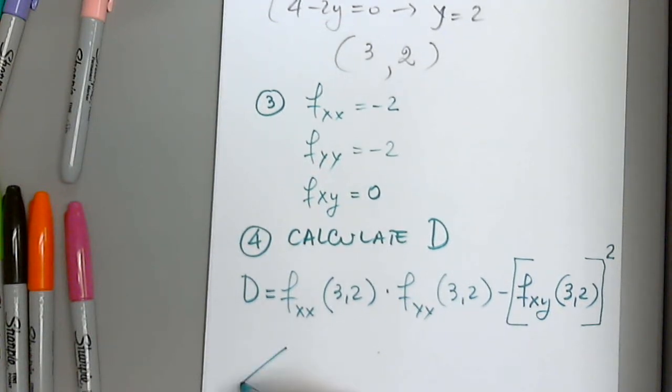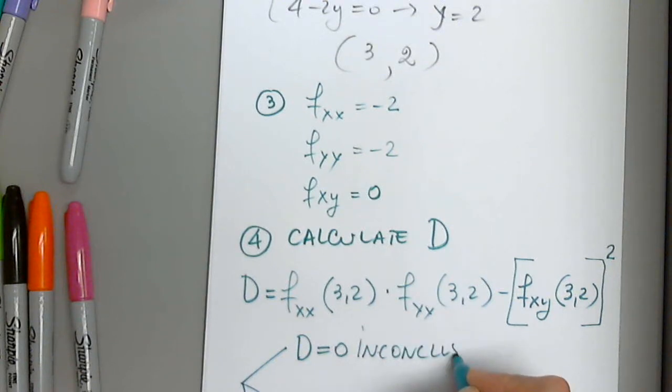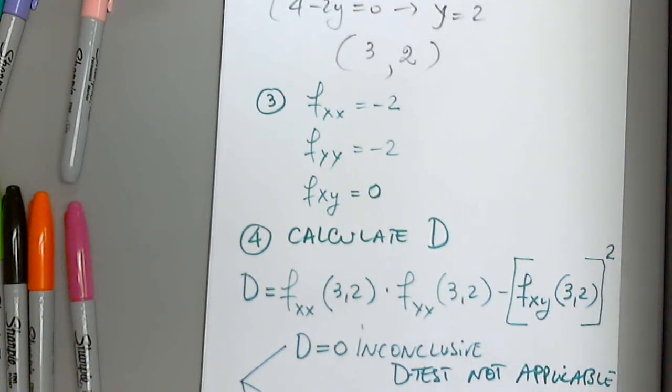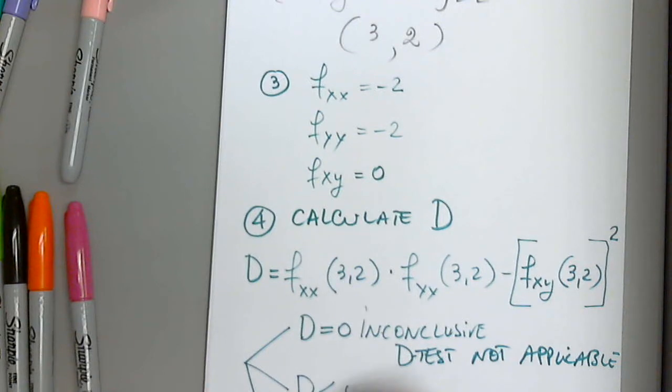So here are the options. If D equals 0, inconclusive. In other words, the test is not applicable. D test not applicable. If D is negative, it's the situation that I just showed you, saddle point.